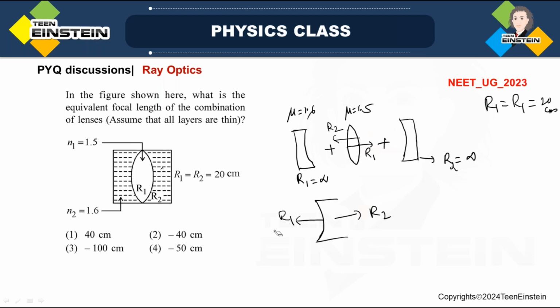If you know the lens maker's formula, we know this formula, 1 over f is equal to mu minus, mu is the refractive index of the material with which the lens has been made, and then refractive index of the medium, in this case air, we have to take for each of them.